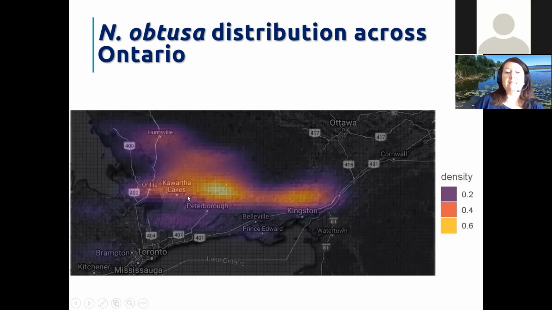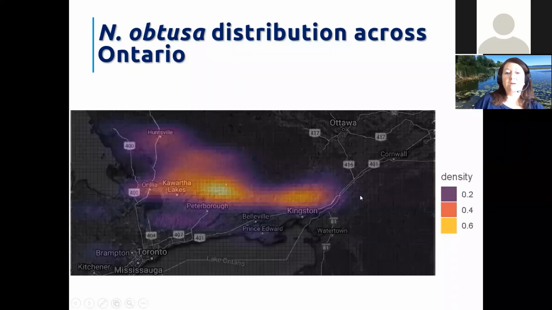And we can clearly see that potentially the Trent Severn waterway is a major source, with boats being moved around and perhaps birds. We're basically finding Nitellopsis obtusa everywhere, even in places that we wouldn't have expected to. Now, it doesn't seem to be particularly happy in the lower calcium lakes, but it's there.